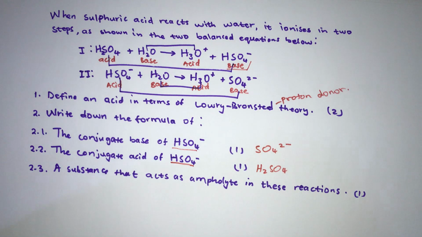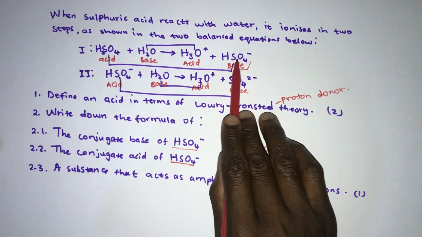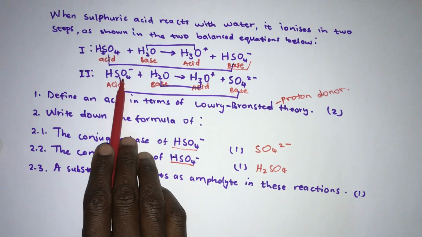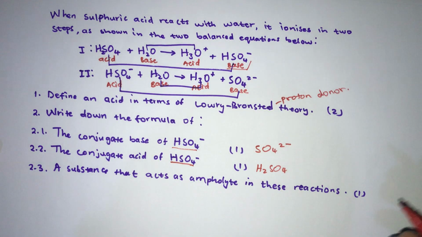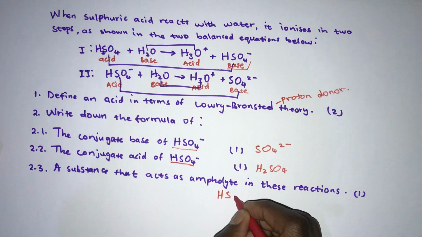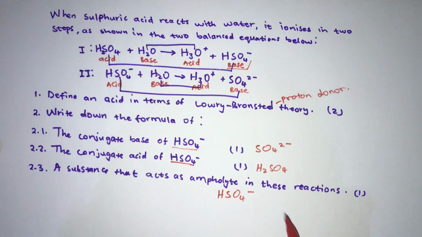So already I've talked about it. HSO4-, it is a base. HSO4-, it is an acid. So it means that is our ampholyte. So we're going to say this is HSO4-. So this is our ampholyte, because in reaction number 1, it is acting as a base. In reaction number 2, it is acting as an acid.